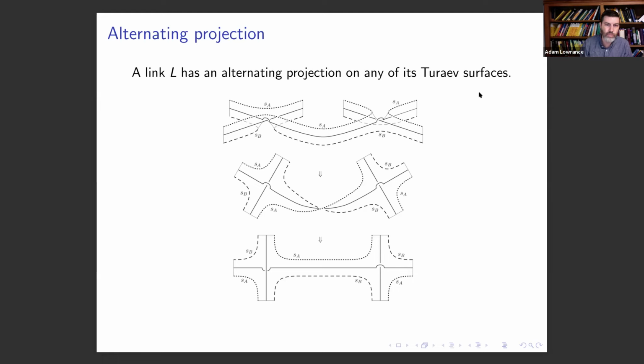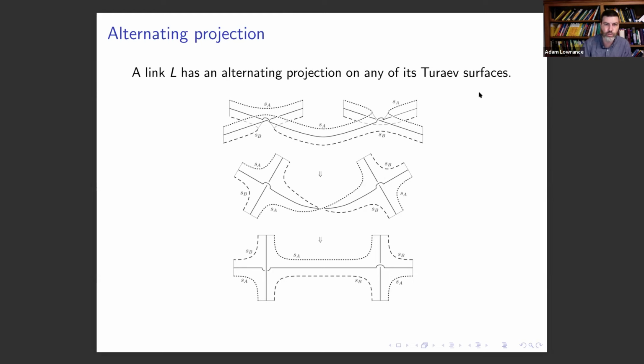And so what happens is, when you have in the original diagram 2 consecutive crossings that are non-alternating, so it goes over, over, then the surface is going to twist in between those 2 crossings. And when the surface twists in between those crossings, that means if you're just looking at it from one side, it'll go over, under, or under, over. And so that's what these 3 pictures are trying to show.